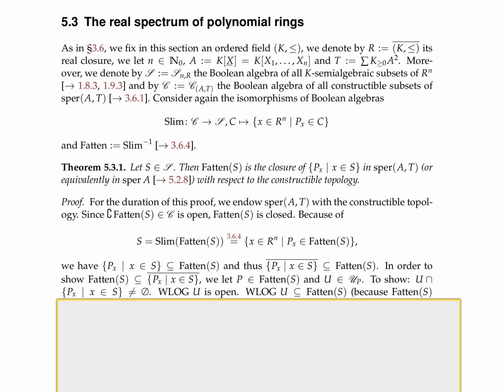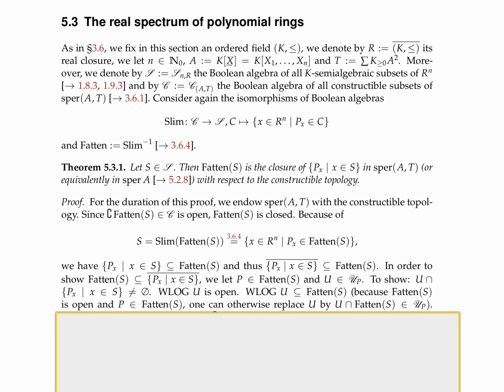And because the fattening of S is open, and P is an element of the fattening of S, I could, without loss of generality, replace the open neighborhood U by its intersection with the fattening of S, which is again open. So I can suppose that U is contained in the fattening of S.